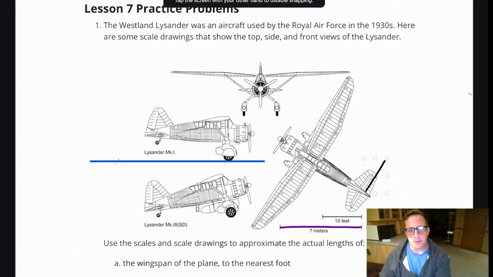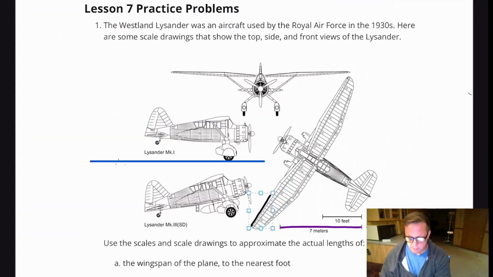When you're doing this on your own, you might be using the edge of your note card, marking your pencil, or using the edge of a piece of paper. It doesn't matter. I'm going to use my iPad and see how many 10-foot sections I can get on there. That's 10 right there.